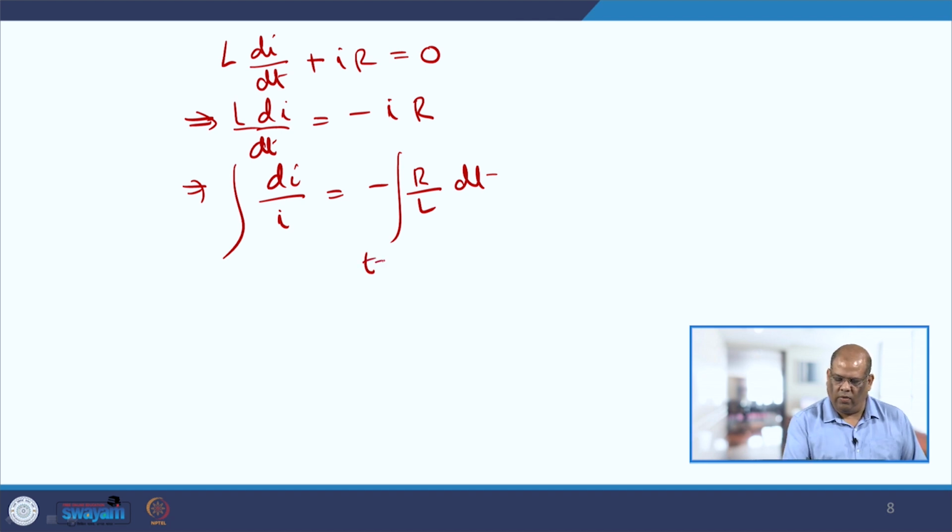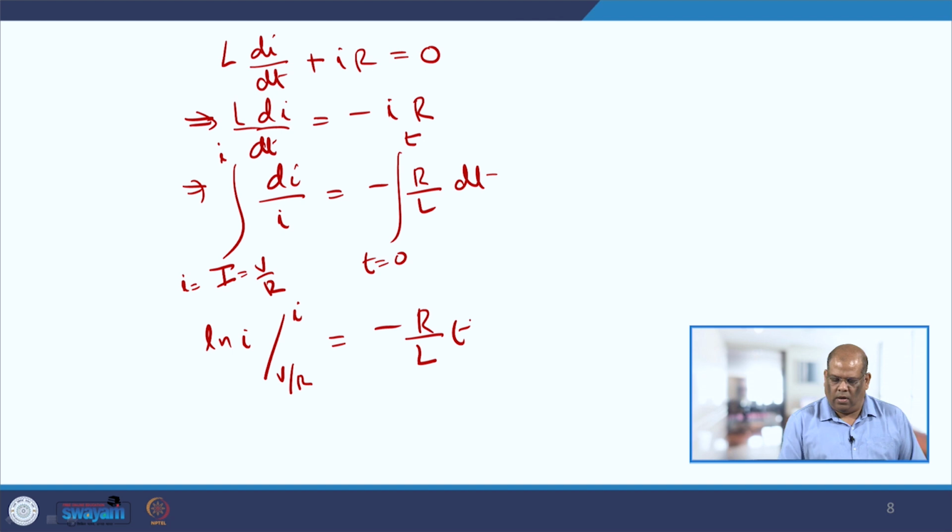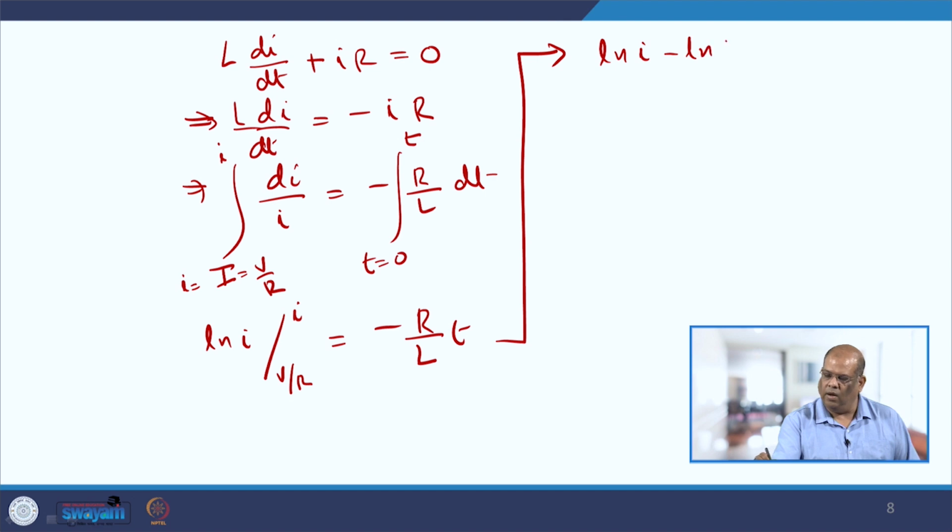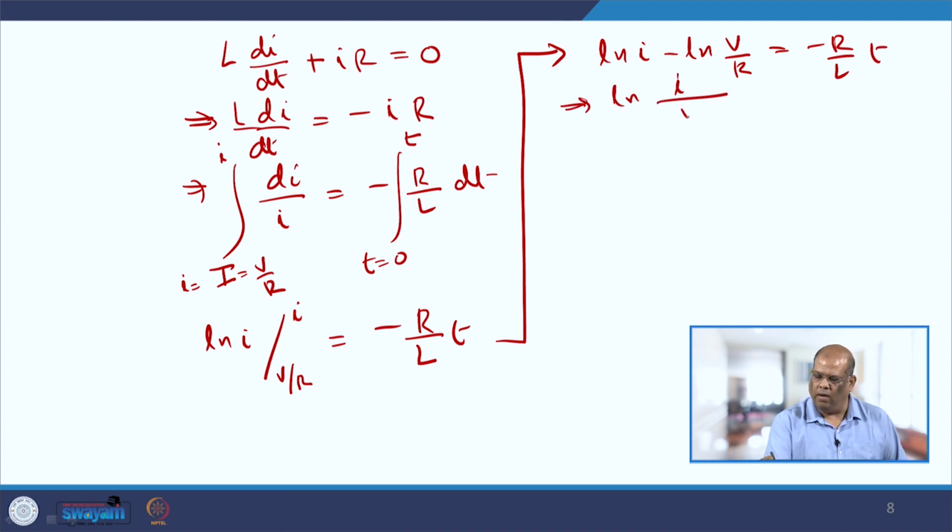So, the limits are from 0 to t for time, and initially the value of I was some capital I, which is V by R, and it is going to reach some I. If I integrate this, I will get ln I from V by R to I is equal to minus R by L t, and this will give me ln I minus ln V by R, that is equal to minus R by L t, which is ln of I divided by V by R equal to minus R by L t.